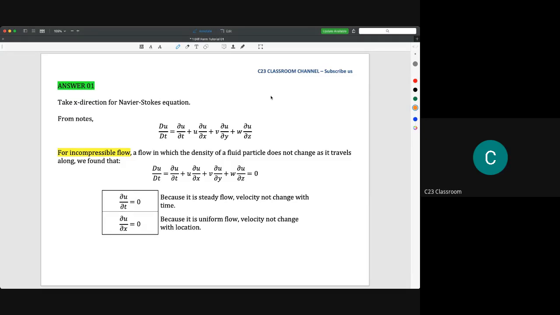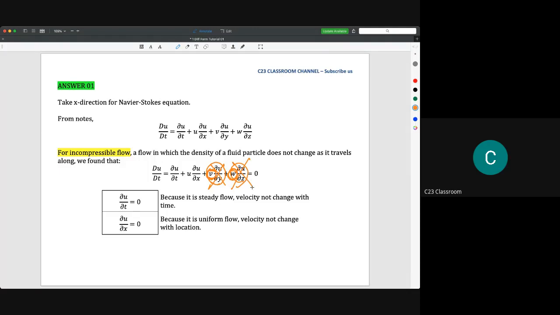Atau awak boleh beranggapan mengatakan bahawa tidak ada had laju untuk paksi Y dan tidak ada had laju untuk paksi Z. So because we assume there is only one direction, water will flow in one direction. So the value of v is equal to 0, the value of w is equal to 0, then the whole terms here will become 0. So we could neglect this value.